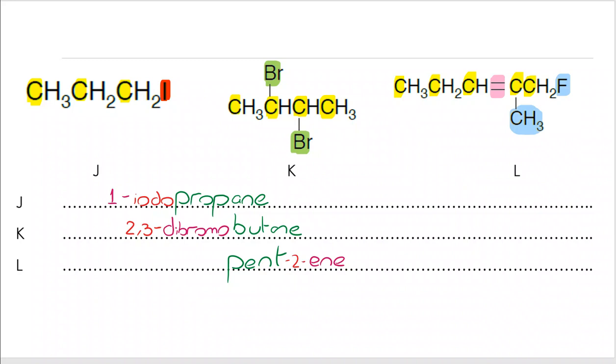It's not about their position on the chain, it's about alphabetical order. So it will be fluoromethyl. But I'm still not done because I also need to explain where the fluoro and where the methyl are. My fluoro is on the number 1 carbon, my methyl is on the number 2, so it's 1-fluoro-2-methylpent-2-ene.